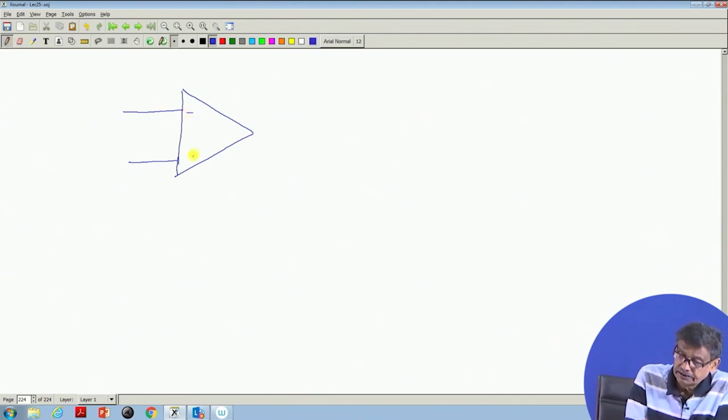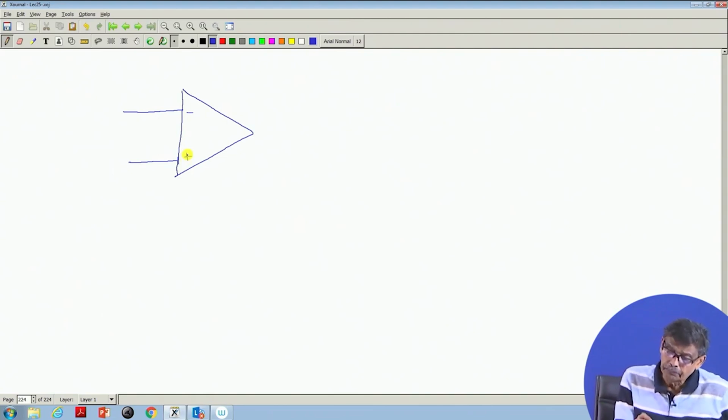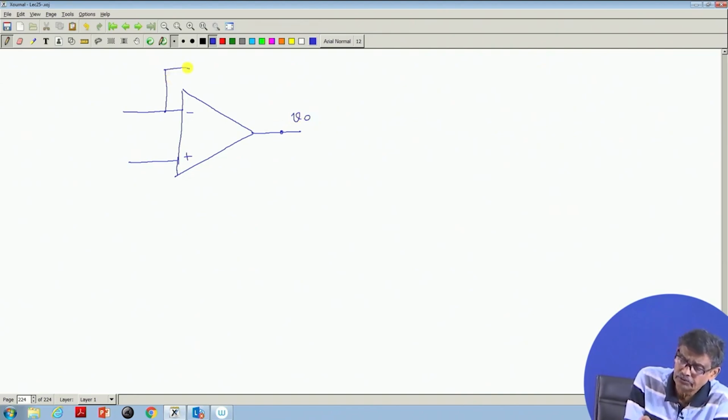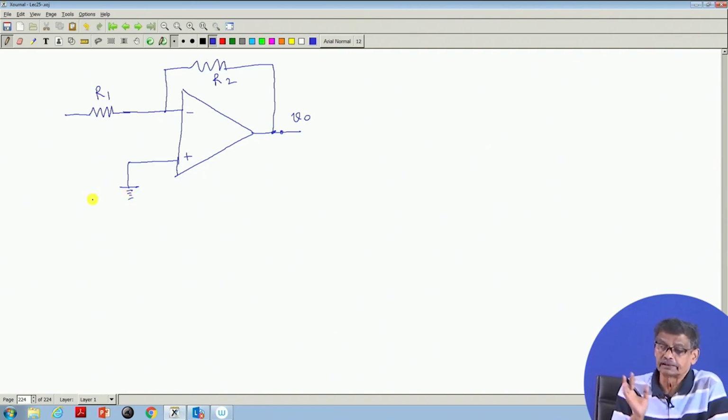This is the inverting terminal, this is the plus terminal. Okay. And suppose you connect one, this is called negative feedback, this is the output voltage, and op-amp circuits will mostly operate on negative feedback circuits. Suppose I have connected one resistance R2 here and another resistance R1 here, and this point I have grounded. This is what I have done. I have made a simple circuit like this.